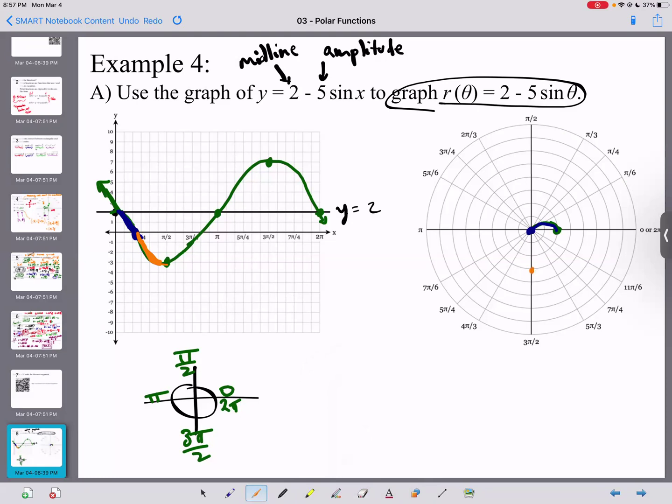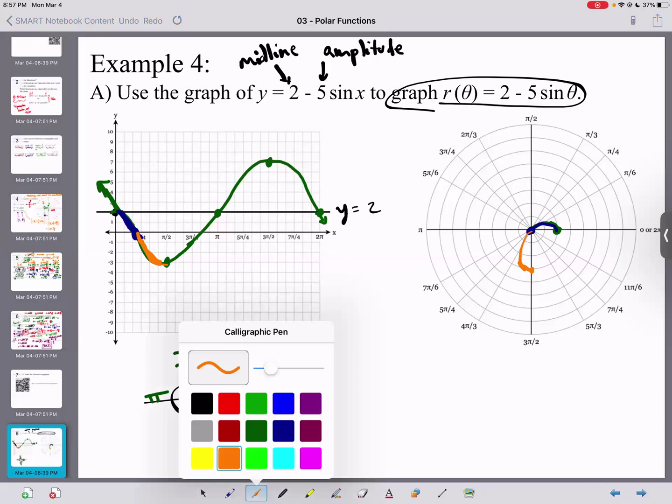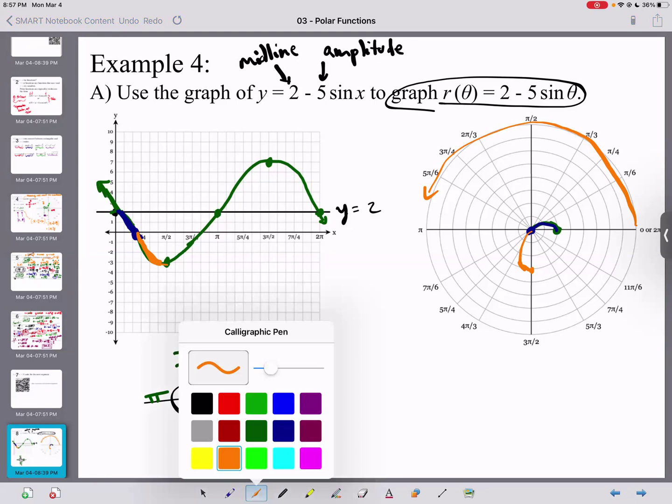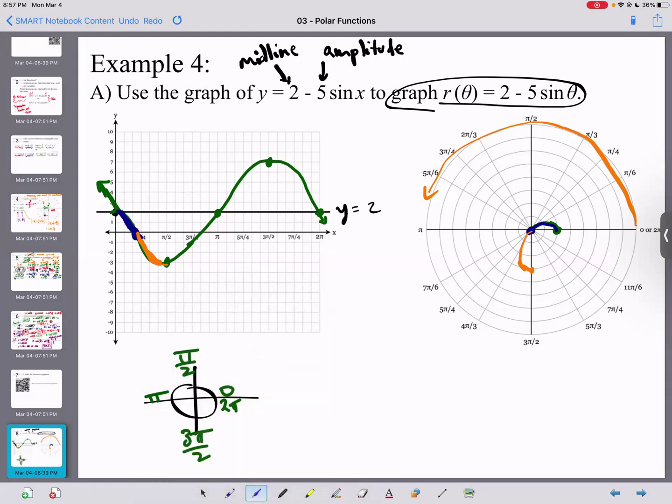I want to put that dot there, and I'm going to start to draw my arrow connecting to it this way. Now from pi over 2, as I continue my angle forward past pi over 2 and around the circle this way, I'm going to return to the pole. So my graph, as I make this upward trend, is going to return to the pole like that.